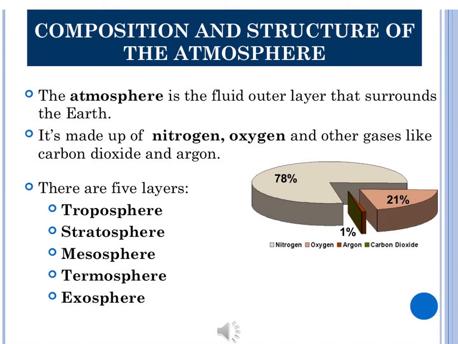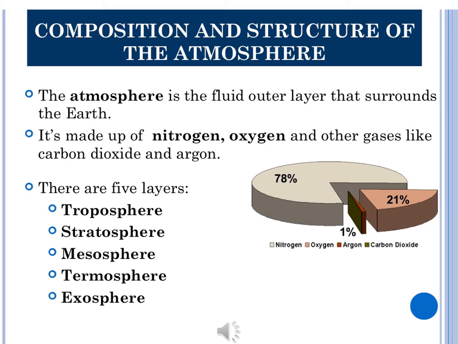Alright, let's continue with the atmosphere. What is it made up of? What is its composition and the structure of the atmosphere? By definition, you can also say that the atmosphere is the filled outer layer that surrounds the Earth. Remember, from the beginning I told you that the atmosphere means what surrounds you.